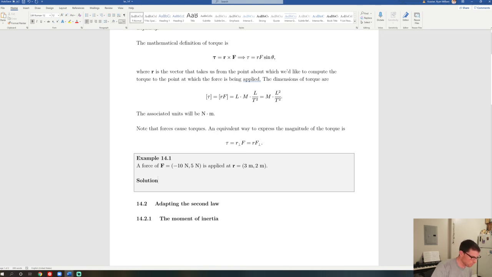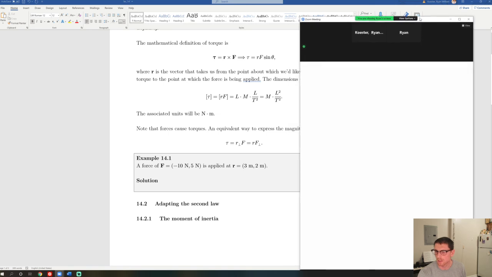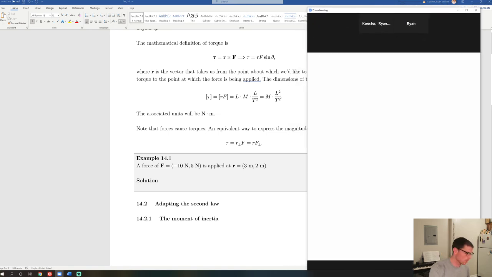So I'm going to bring the whiteboard over, and we can make a sketch of this. So we want to draw our usual x, y axes, right? And let's draw the position vector first.